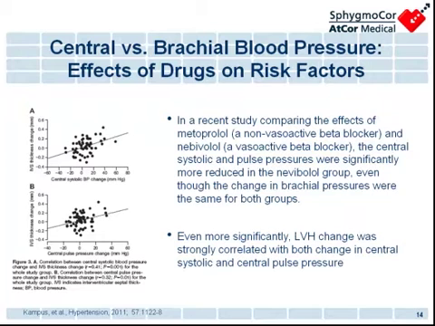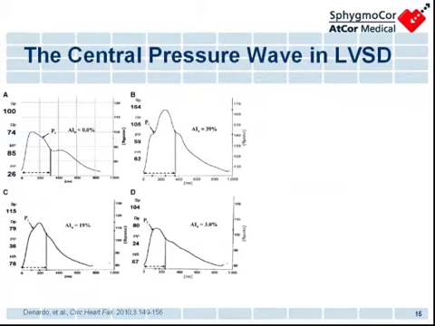So the left ventricular hypertrophy change was more strongly associated with one agent over the other. Again, only reflected by central pressure, not by the peripheral cuff. So even within classes, we have some differences among our agents that are reflected back.